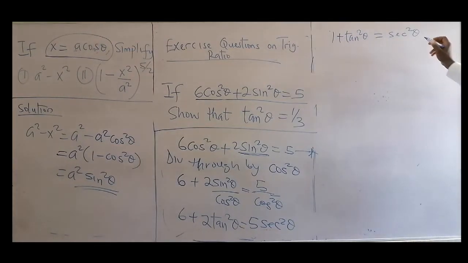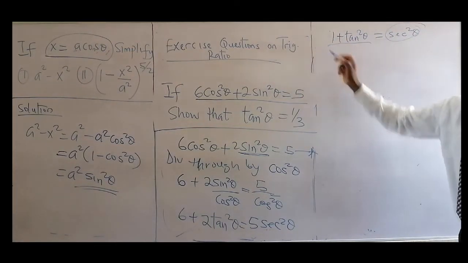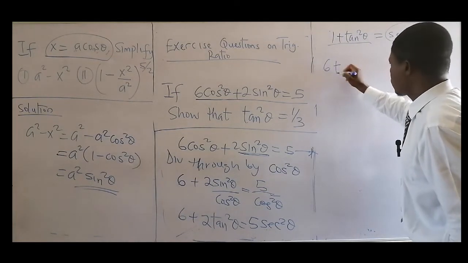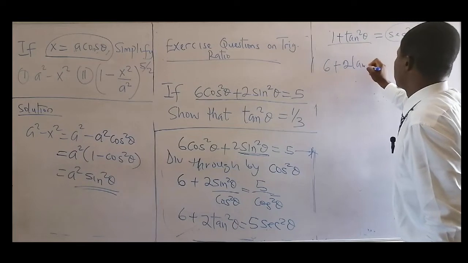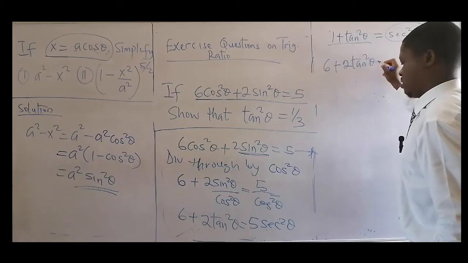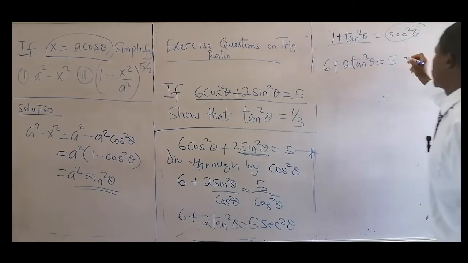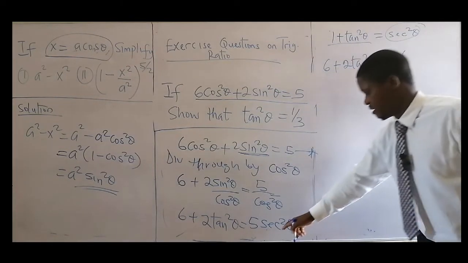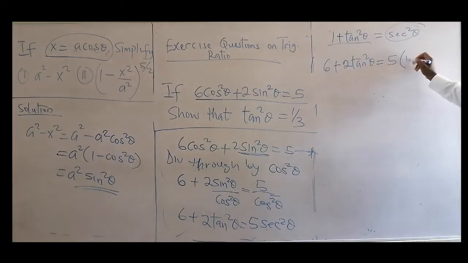So anywhere I see sec now, I'm going to put this expression there. That will be 6 plus 2 tan squared theta equal to 5 into brackets, sec squared theta, which is 1 plus tan squared theta.